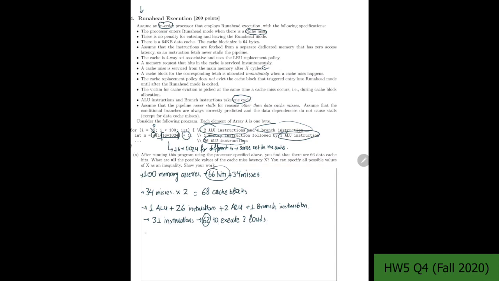So imagine that we had the miss here, and this is the Runahead, and here we're waiting for the miss, and we know that the miss will come 62 cycles after that. So here Runahead will be able to go and bring the first cache block and the second cache block, the ones that we need, because we need 2, and then it will exit after the 62 cycles of the miss.